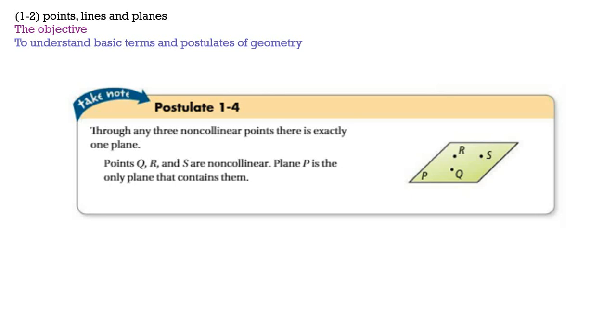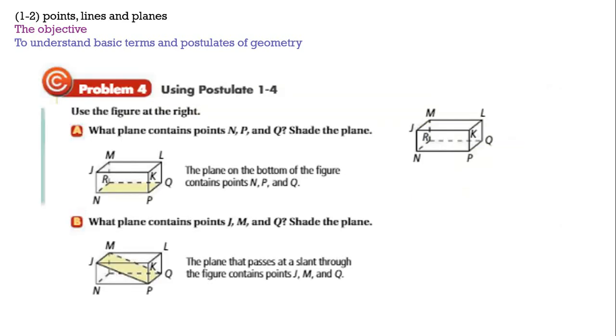There is exactly one plane. Let me discuss with you this example. What plane contains points N, P, and Q? So just shade it. This is N, P, and Q. So they are in the plane down here.